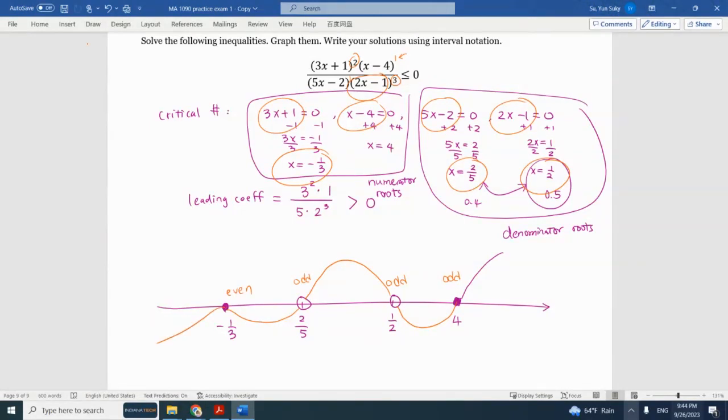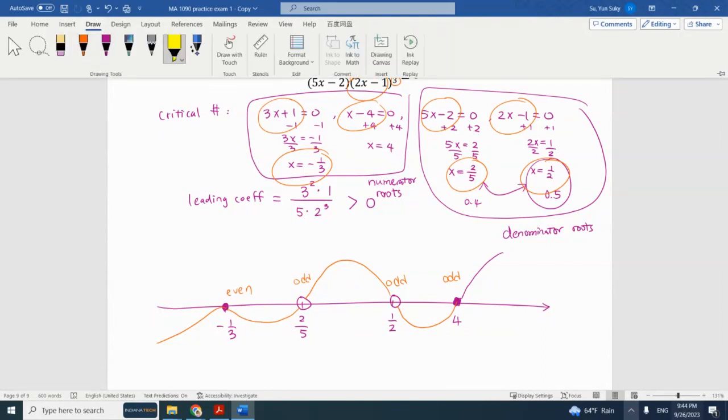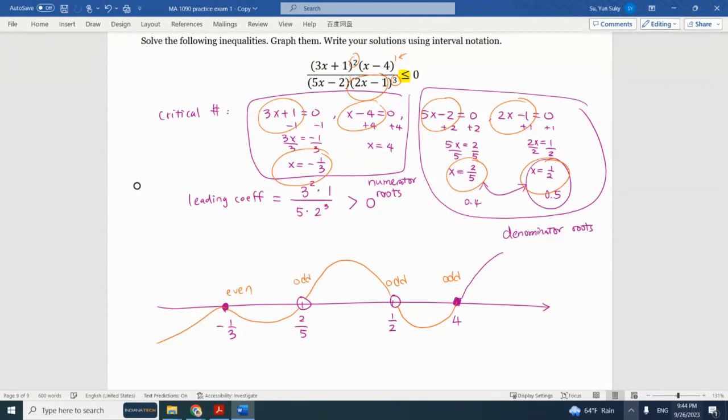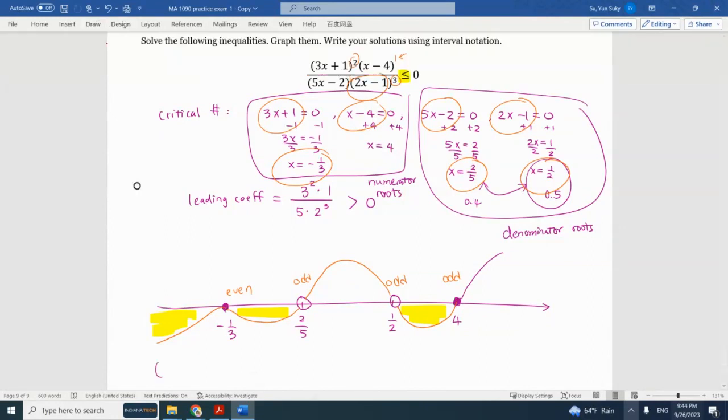See? We are looking for less than or equal to 0. Less than. Under the line. Okay, now let's see. We get minus infinity to, we actually include this number because it's the solid circle.